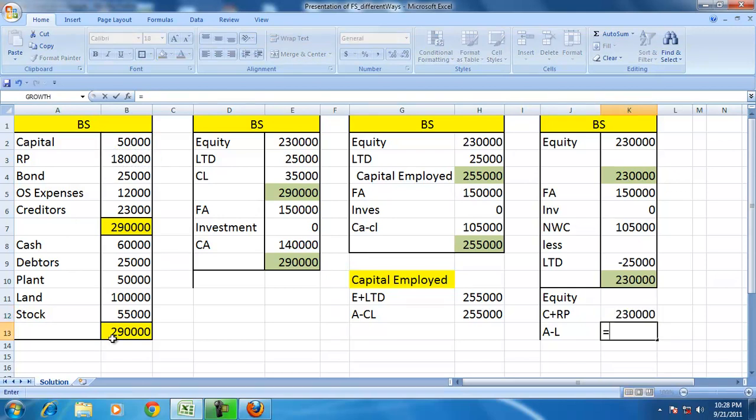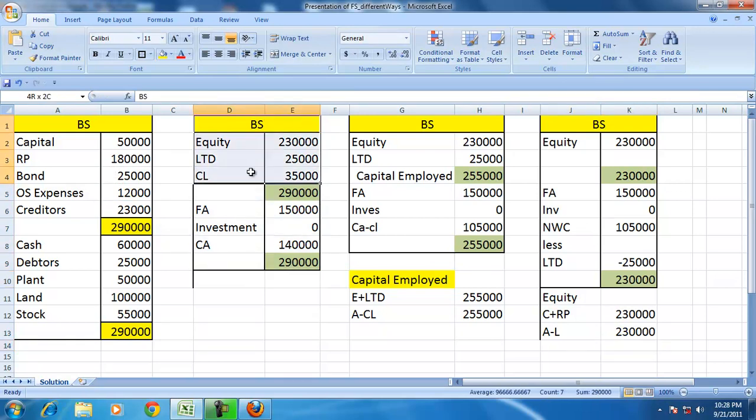Equity is also computed as assets minus all liabilities, both short-term and long-term. Now this balance sheet shows all the sources and all assets. This balance sheet also shows all sources and assets, but the focus is the long-term sources, which is called capital employed. Whereas in this case, it also shows all items, but the focus of the presentation is equity.